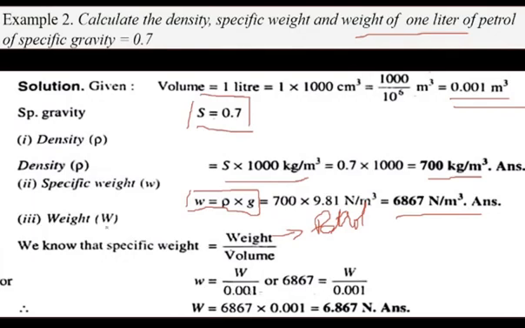We got the specific weight as 6867, right? So 6867 is equal to W by 0.001. When we cross multiply, we get the weight of 1 liter of petrol as 6.867 Newton.